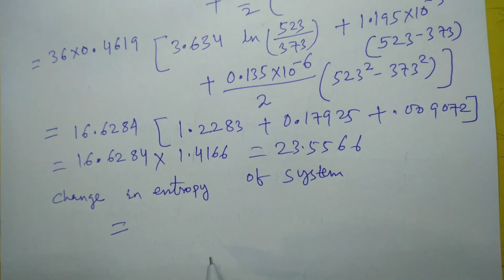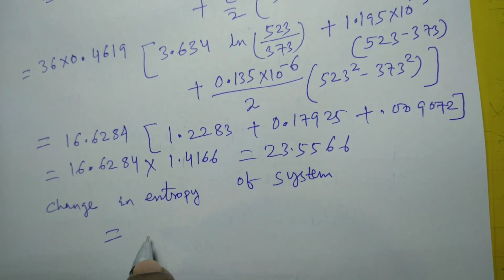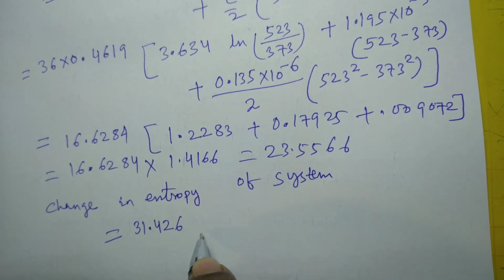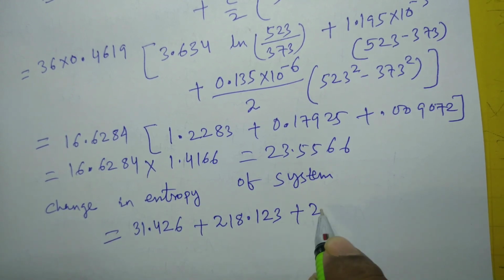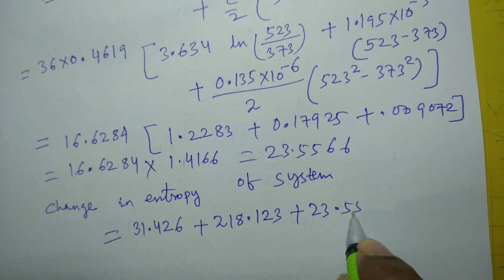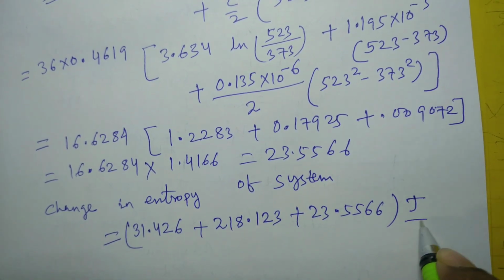So now the change in entropy will be the summation of these three changes in entropy, and this is 31.426 plus 218.123 plus 23.5566 joule per Kelvin.